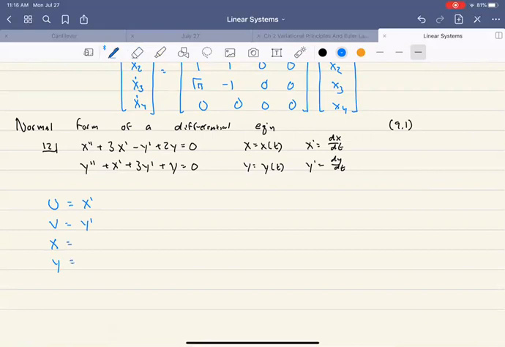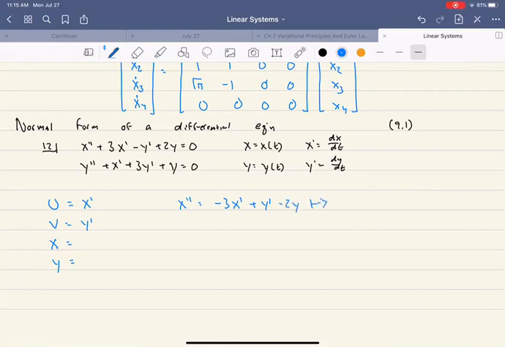So now what's going to happen? x double prime equals negative 3x prime plus y prime minus 2y.